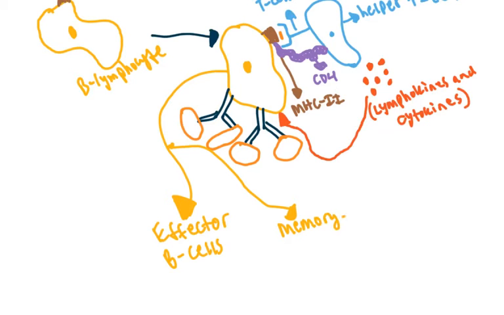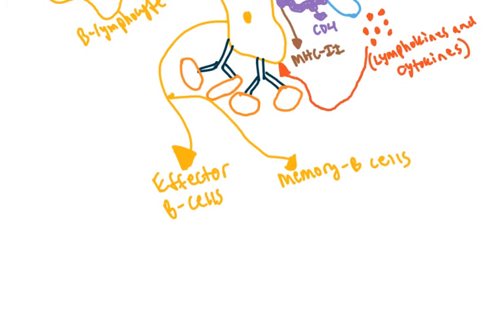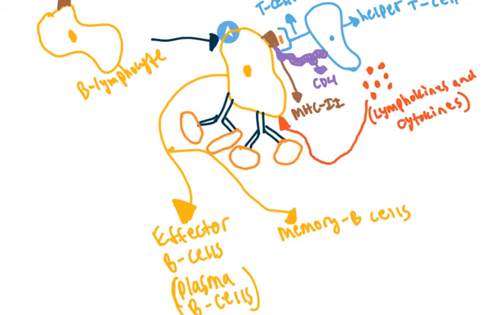All right, and if you guys remember, another name for the effector B cells is plasma B cells. These plasma B cells are pretty much just going to start producing a bunch of antibodies, the same exact antibodies as the one that was on the surface of the B cell's membrane, so that it can go and find other same exact pathogens and perform opsonization and attract more white blood cells to destroy these pathogens somewhere else in the body.